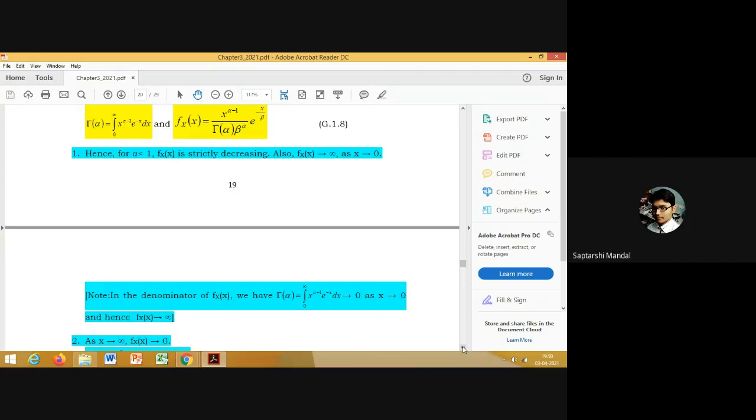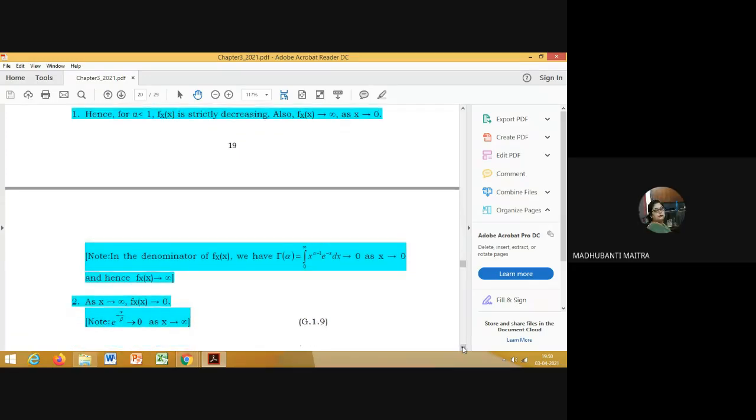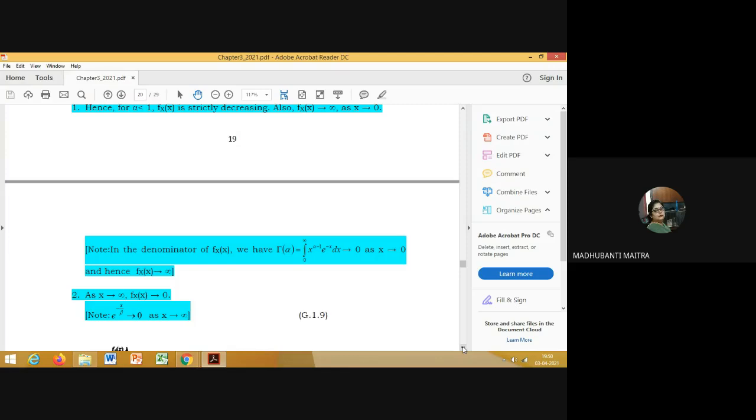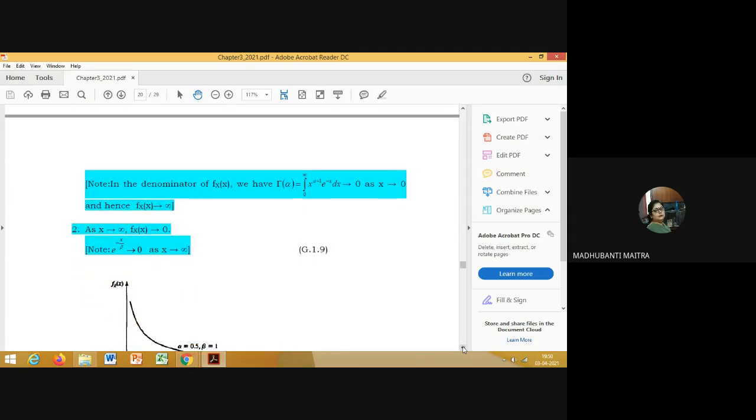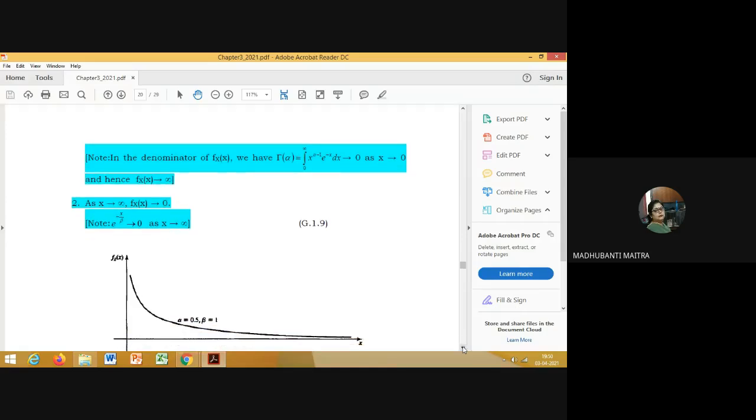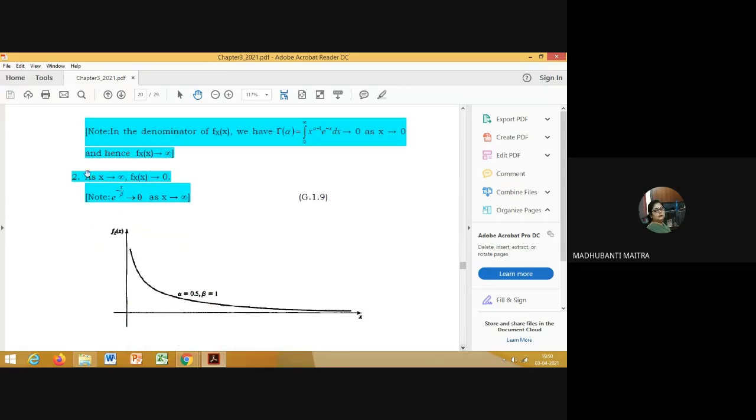Yes, sir. Or you can continue your deliberation after this class using phone only, and then come up with a conclusive comment and post it in the group. Also please check this property: as x tends to infinity, whether f(x) will tend towards 0 or not. I guess this is to some extent a little bit straightforward.